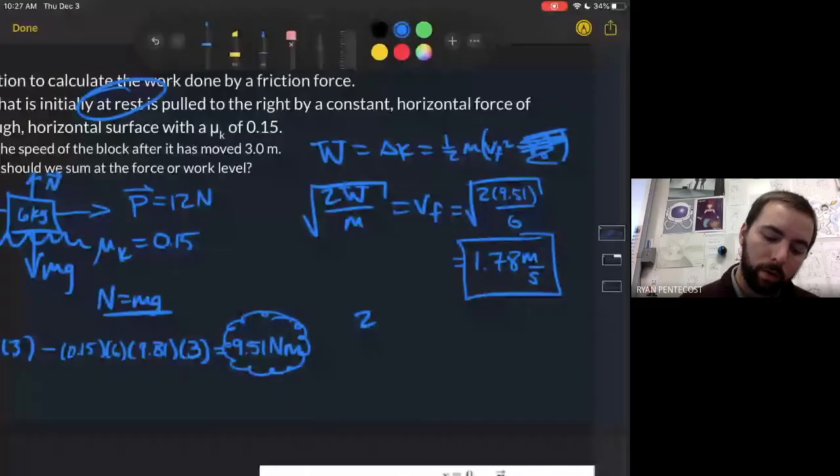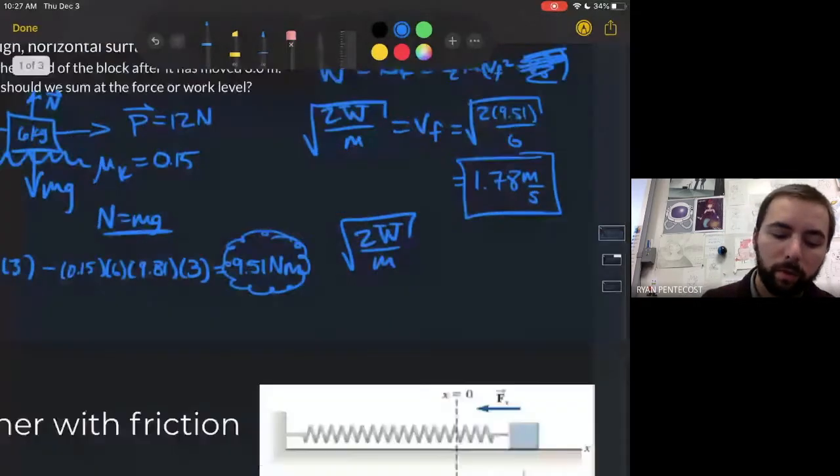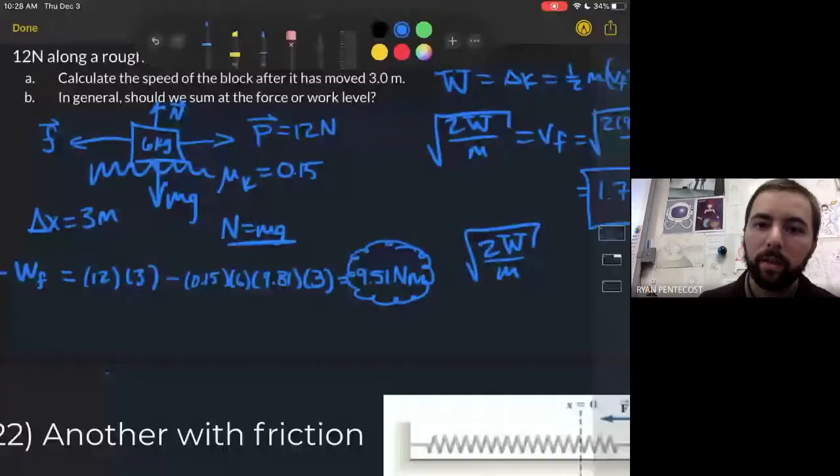Now I do want to show you this real quick. If we take 2W over m under a square root, we can also look at this if we did summation of forces. Imagine we do summation of forces on this free body diagram, and instead of finding the summation of work, we divide that summation of forces by mass to get the acceleration.